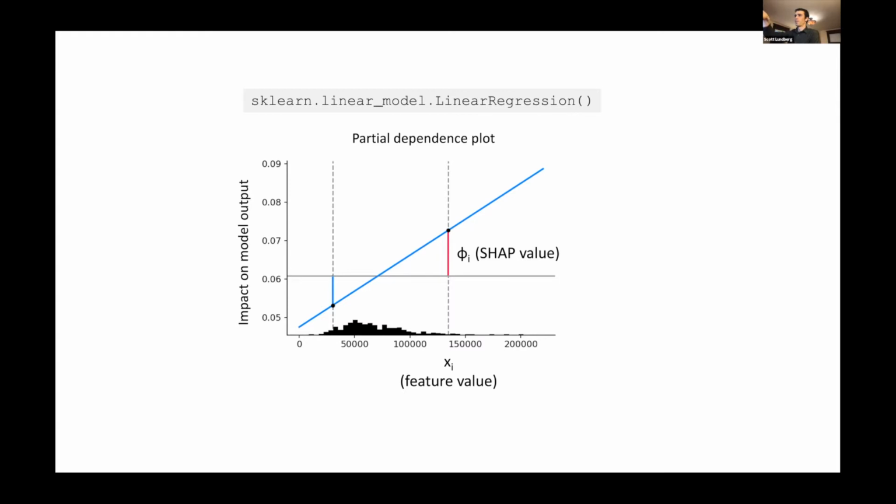So 0.5, 0.6, 0.7, that's the model's output on average when this feature is varied. And the gray line here is the average impact of this feature. It's the centered value here. And what we're essentially doing with the SHAP value is, if you look at the right hand side, there's a dashed line.